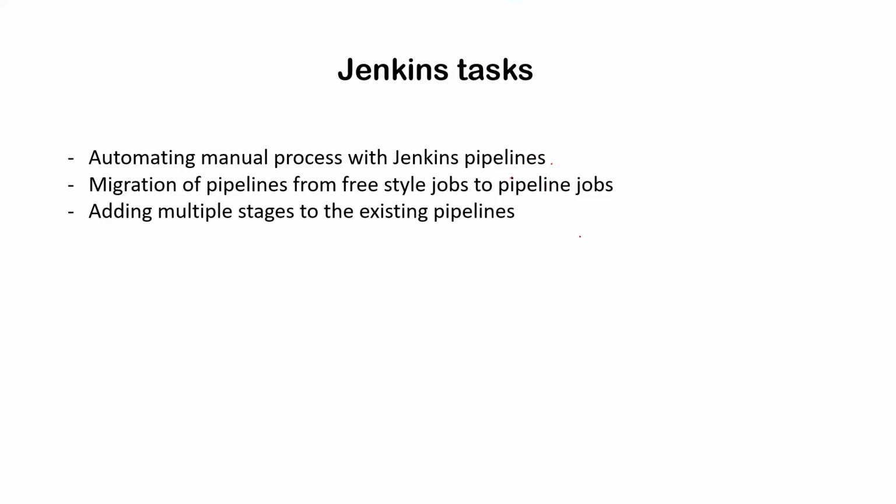All these changes we made in existing pipelines. And if a pipeline was not there for a specific application, then we would create a whole new pipeline which has these kinds of stages.